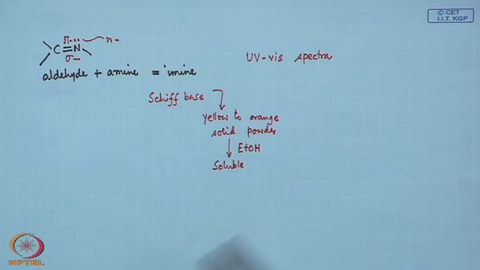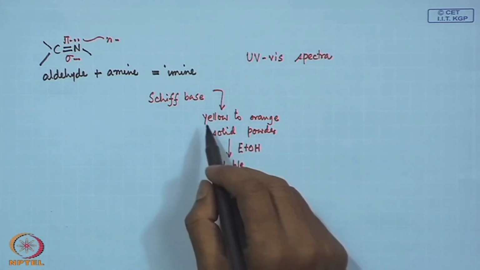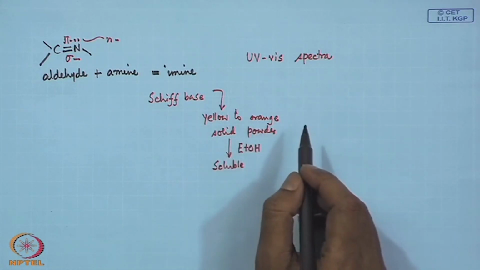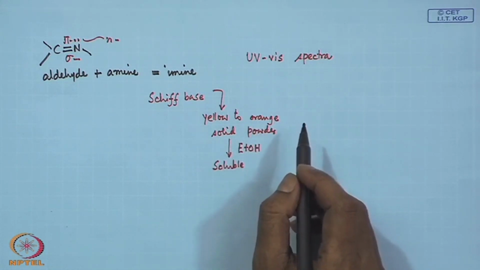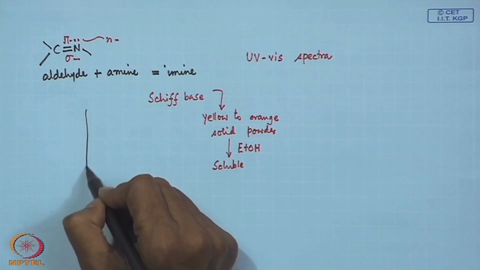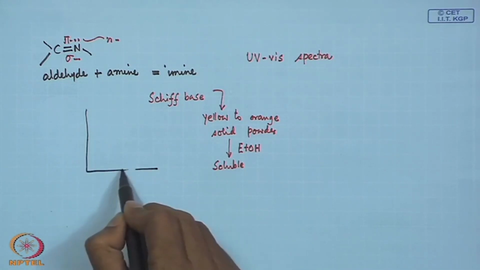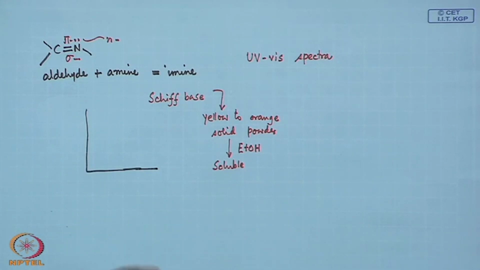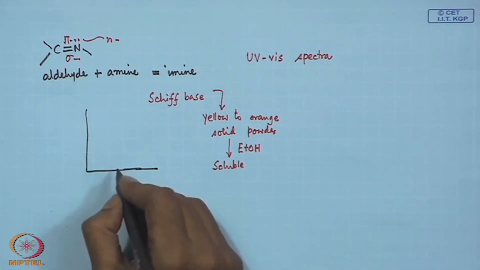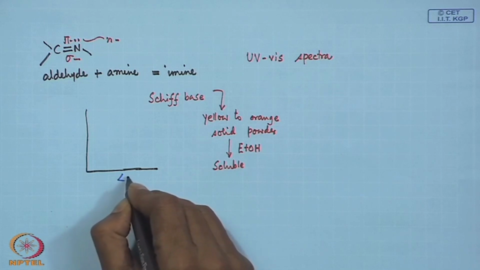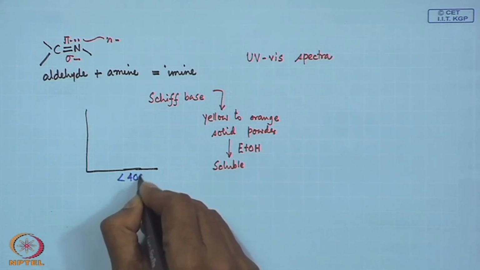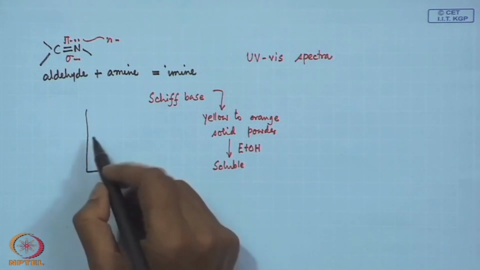So, if we take an ethanolic solution of these Schiff bases and run the corresponding UV visible spectra, we get some characteristic bands close to the ultraviolet and the visible region, that means less than 400 or 450 nanometer.